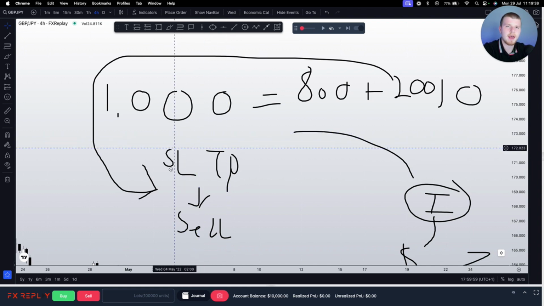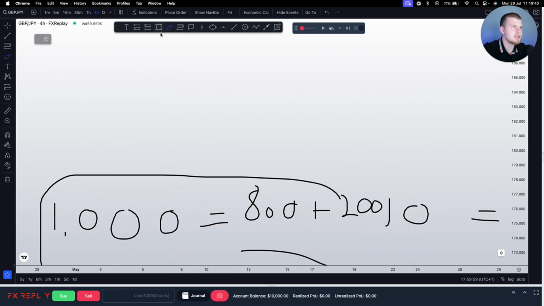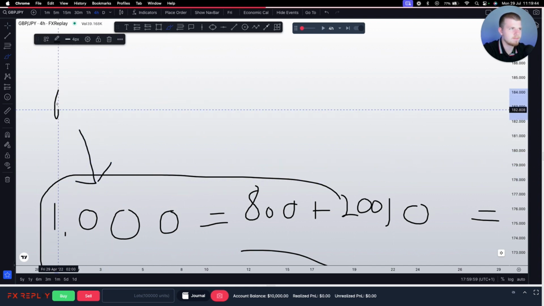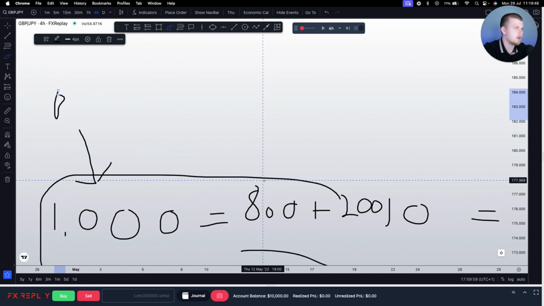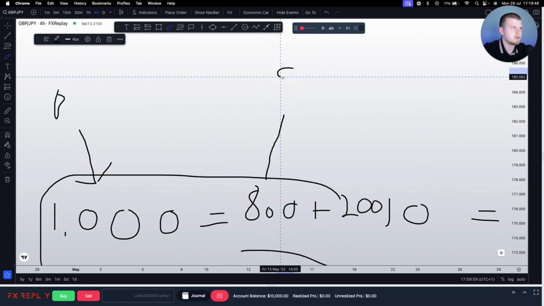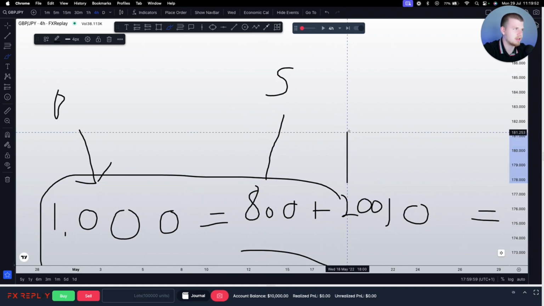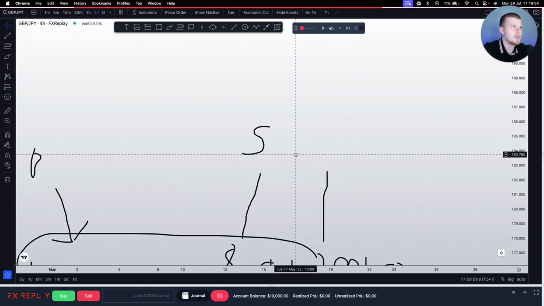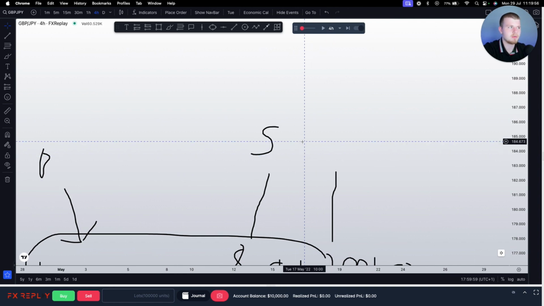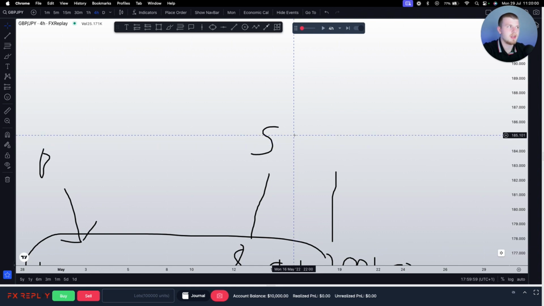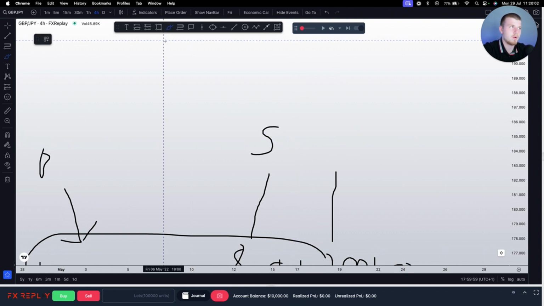Now, how does that work? Let's say that institutional traders want to buy. That means that 1,000 has to be sold, but there's only 800, so they have to get 200 lots sold. How do they do that? Well, they can see with the footprint charts, we don't need to get into that, but they can see and also guess that there are a lot of stop losses below this low here.